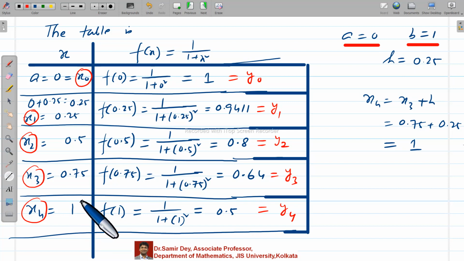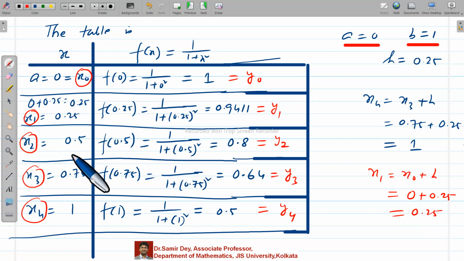Is it clear? x0 means the initial a, so please write down a means x0, that is your initial value 0, and x1 is equal to x0 plus h. What is your x0? x0 equals 0, plus 0.25, ultimately it is coming 0.25.